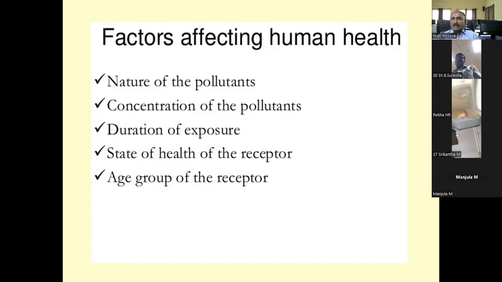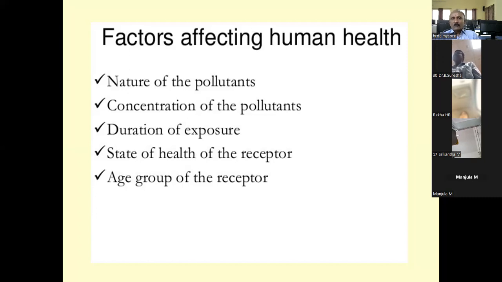A factor is nothing but a part of the environment that influences or exercises control over any living entity, any organism. Organism is a term used to represent any living entity.